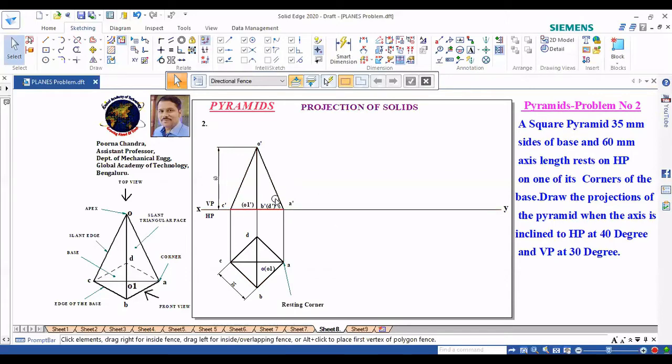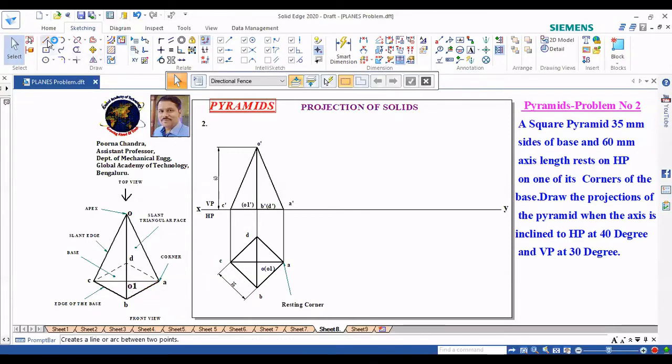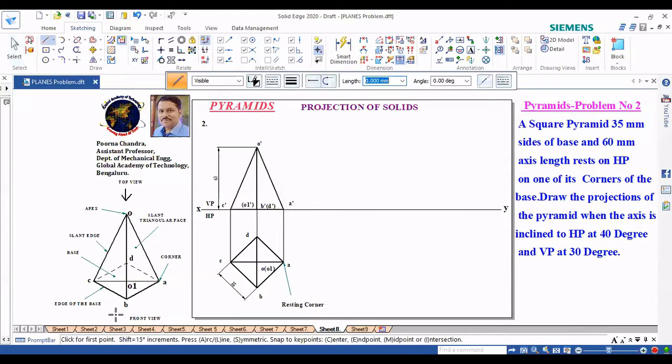So now, A dash here, C dash is here, so B and D is here, right? Since it's resting on corner, this is the front view here. The front view actually comes this side, not that. So front view will be somewhere here, not this direction. So it will come in this direction.